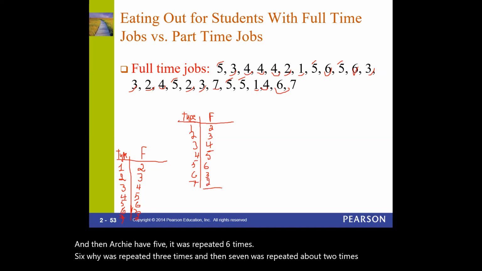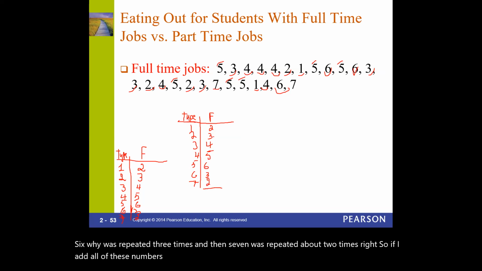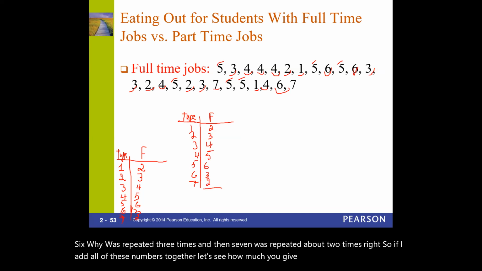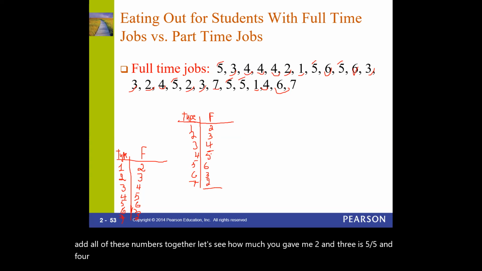So if I add all of these numbers together, let's see how much it gives me. 2 and 3 is 5, 5 and 4 is 9, 9 and 5 is 14, 14 and 6 is 20, and 3 is 23, and 2 is 25. So here I have 25 data points.